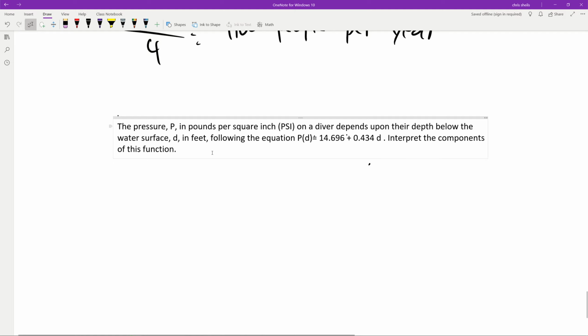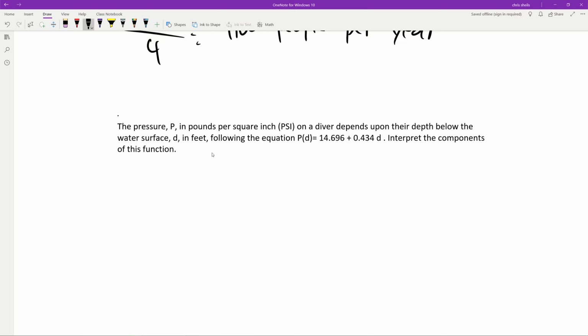So here I don't want to necessarily even write a function. Well, the function's given to me, right? So I can't really write anything to begin with. But it wants me to take the information I've been given and interpret these numbers. What do they mean? So I have some initial amount of pressure, right?